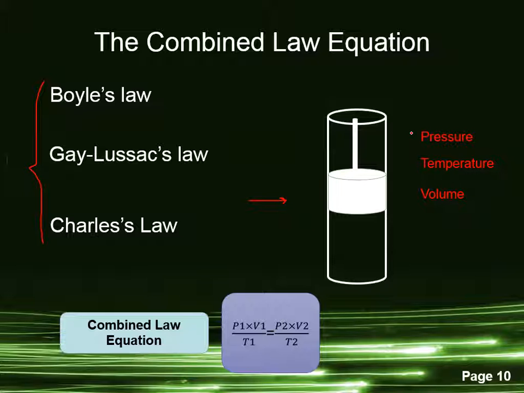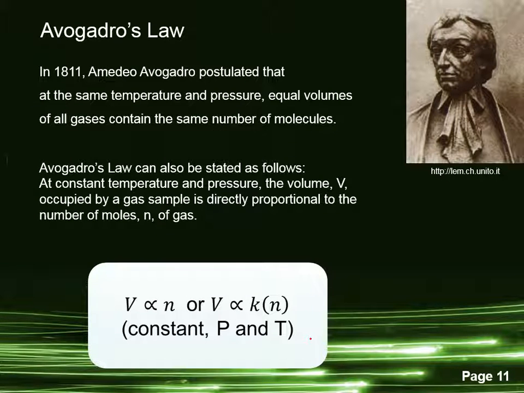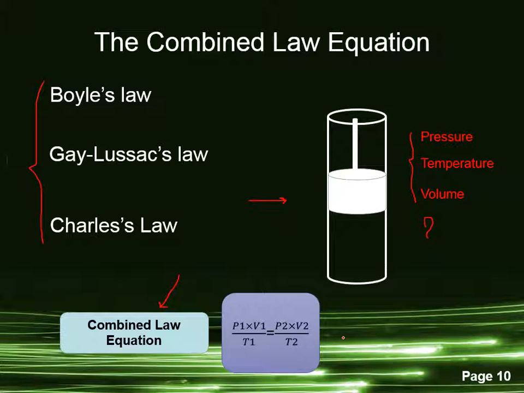In order to solve this problem, they came up with the combined law, which is a combination of all of these three laws. The law is P1 V1 divided by T1 equals P2 times V2 divided by T2. They put all three rules in one law, so we can look at how these three variables respond to each other.